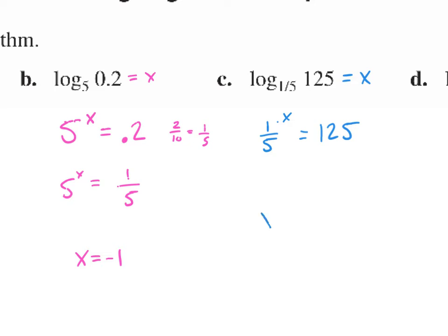So our x is going to be equal to some negative number. 5 to what power gives us 125? 3. Because 5 times 5 is 25. Not quite to 125. Let's multiply it times another 5. So 25 times 5 gives us 125. So we need 3 5s. And then the negative is what flips that 1/5 to be a whole number. So x is equal to -3.